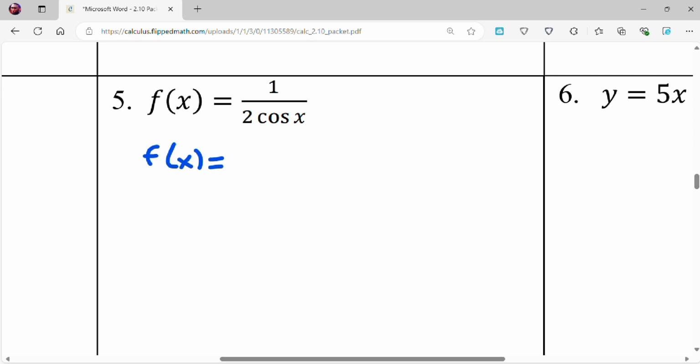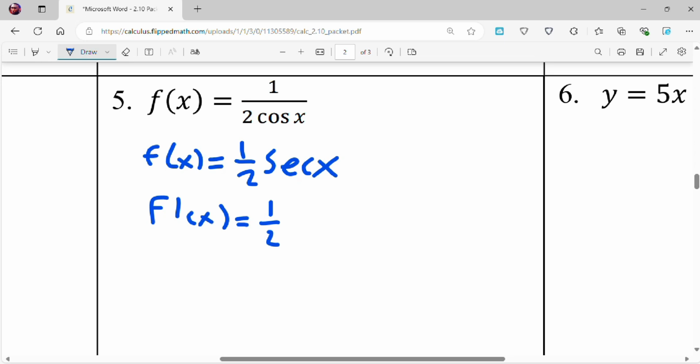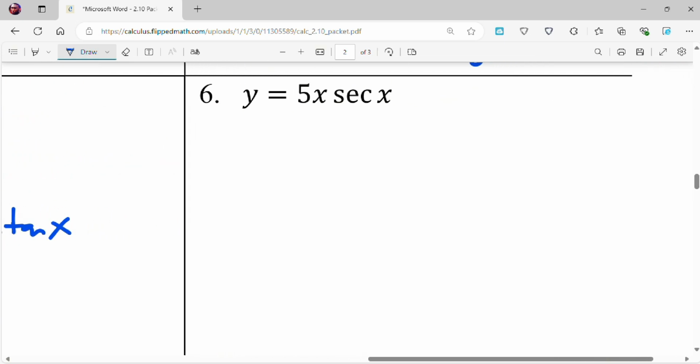So you have 1 over 2 cosine. So you could rewrite this as, oh no, the 2 stays in the bottom. So 1/2 secant x. F prime of x is 1/2. Derivative of secant x is secant x tan x. Pretty simple, right?